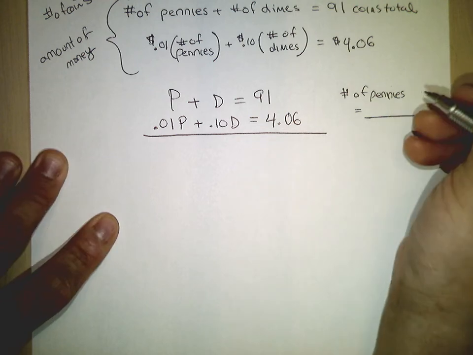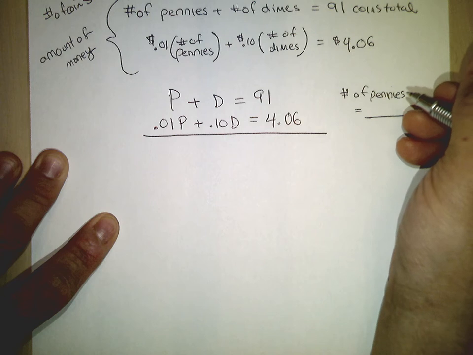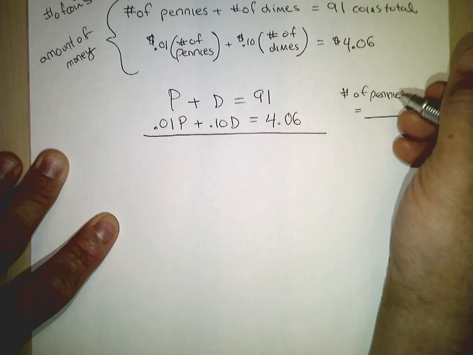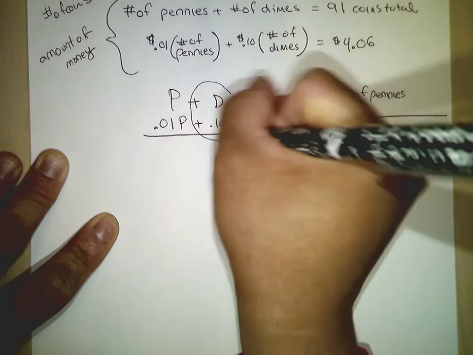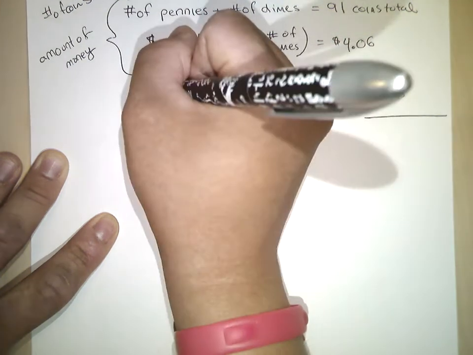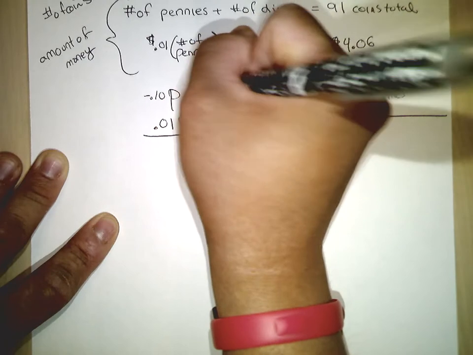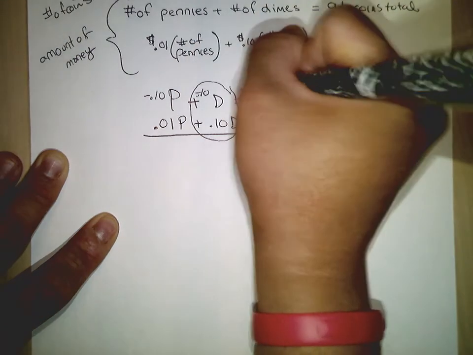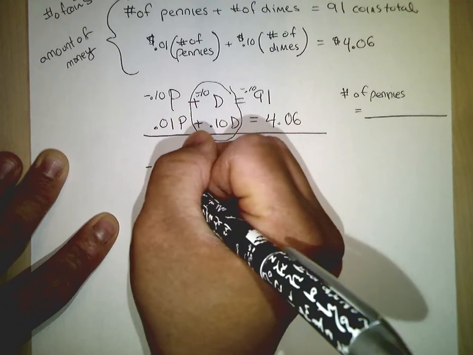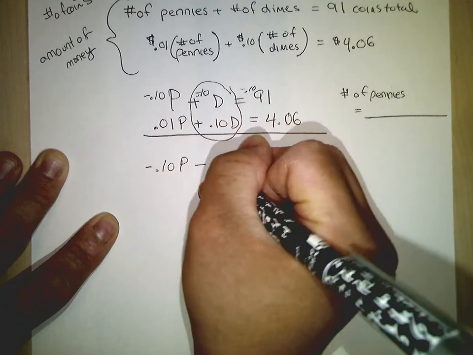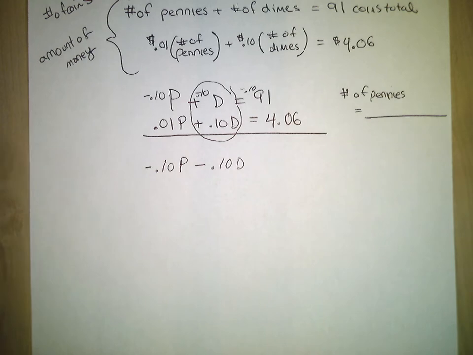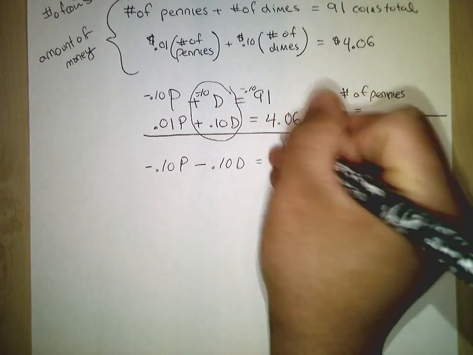So now, if we need to eliminate the number of dimes in the equation to solve for the number of pennies, I look here and I can see that if I multiply by negative 0.10, I have negative 0.10p minus 0.10d, and then I just want to make sure what I get when I add it to the 4.06.